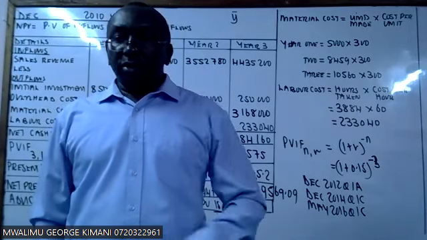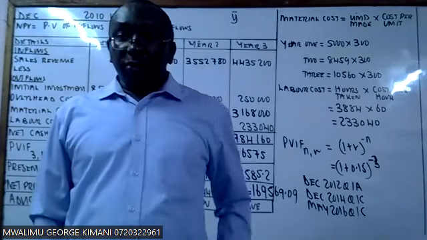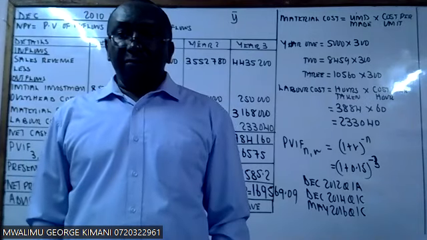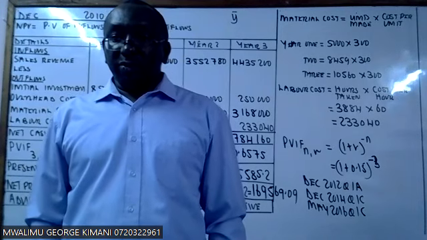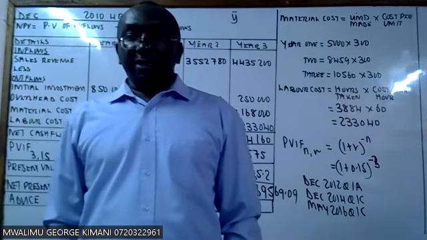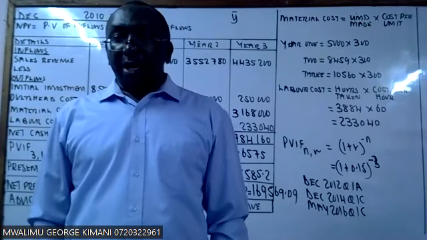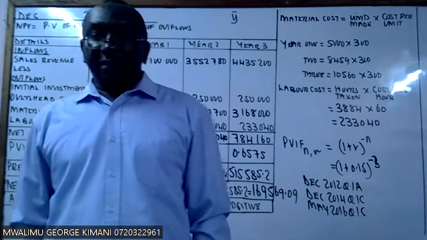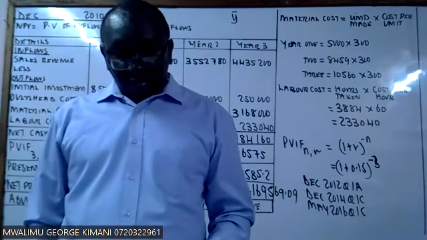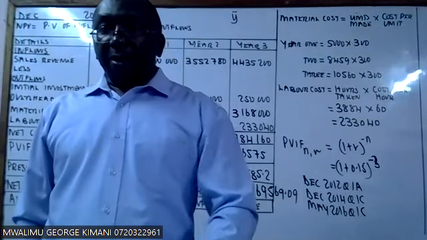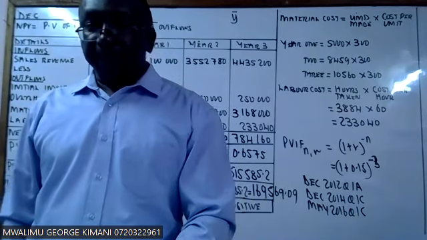But if you're not able to do that and you still need the answers, you buy my revision kit, which contains the answers of these questions, at a cost of 1,500. But I'm saying you can submit and I mark for free.